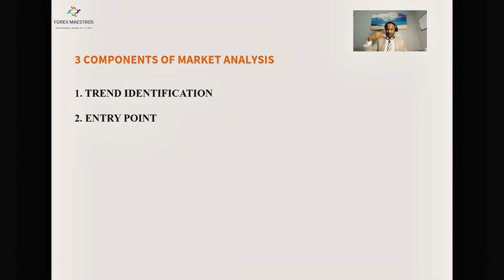So when you are looking at the chart and trying to analyze to take a decision, the first question you should be asking yourself is not, can we buy, can we sell? It is, what's the direction of the chart? The second question is now, where can we enter for a buy? Now that we have known that it's an uptrend, where can we enter for a buy? Now that we have known that it's a downtrend, where can we enter for a sell? Is that okay? So we'll look at all these things today.